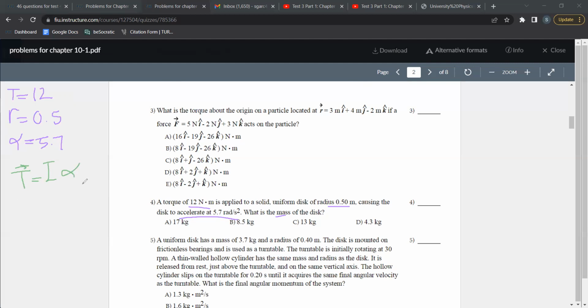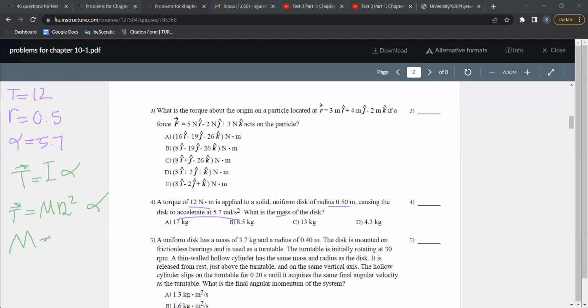So essentially, the moment of inertia in this situation is our mass times our radius squared, and then we still have our angular acceleration here. Now that we have that set up, we can isolate mass.